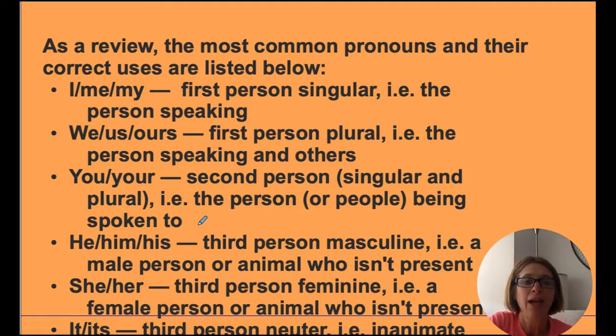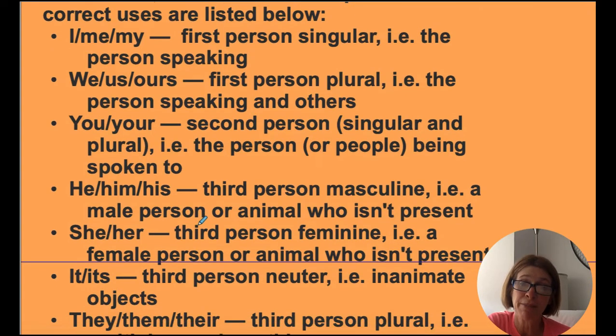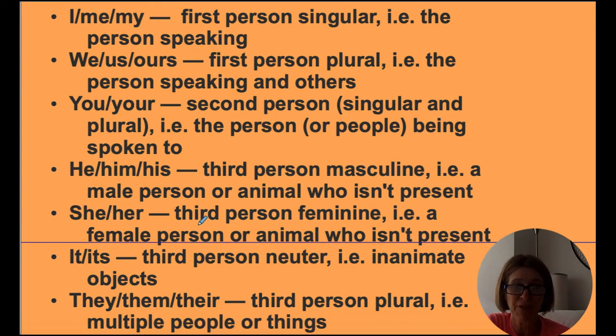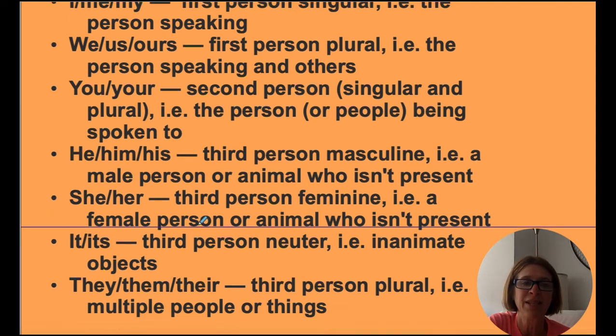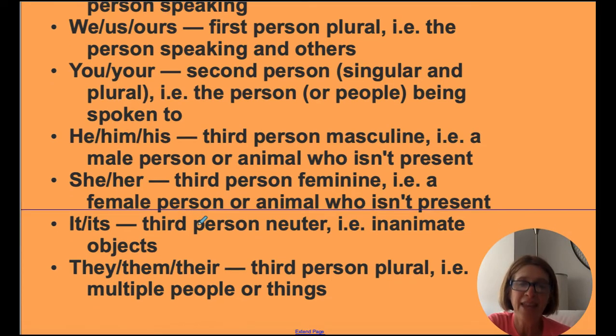He, him, his is third person masculine, a male person or animal who isn't present. She, her is third person feminine, a female person or animal who isn't present. It or its is third person neuter, inanimate objects only, okay? And then they, them, their is third person plural, so it's multiple people or things.